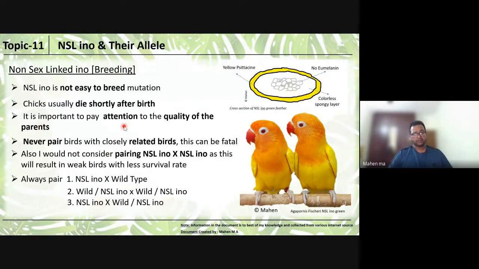It is very important to pay attention to the good quality of the birds. Whenever there is a eumelanin reduction kind of mutation, it is always better to pick good quality parents, in the case of NSL Linos and pale fallows, etc., because here the eumelanins are reducing. Eumelanin reduction is actually not a good characteristic.